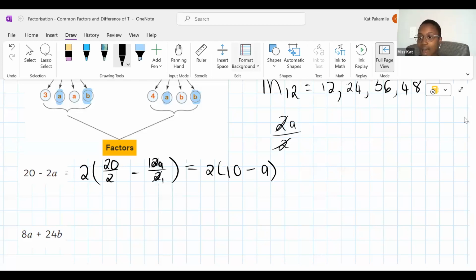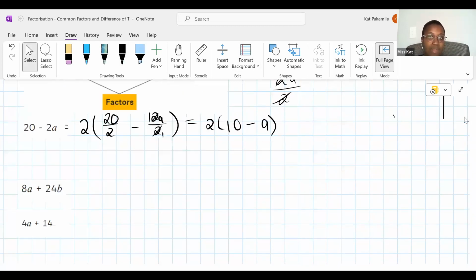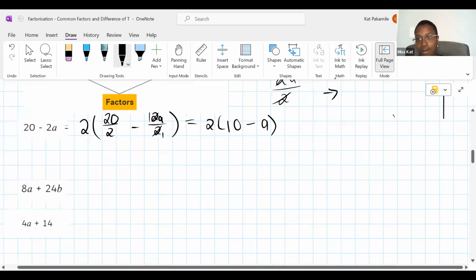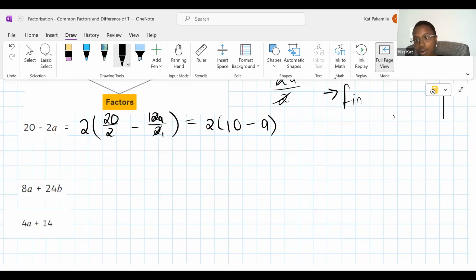Okay, guys. How did we feel about that? I think I should write mini steps on the side here. So first step is you find the common factor.